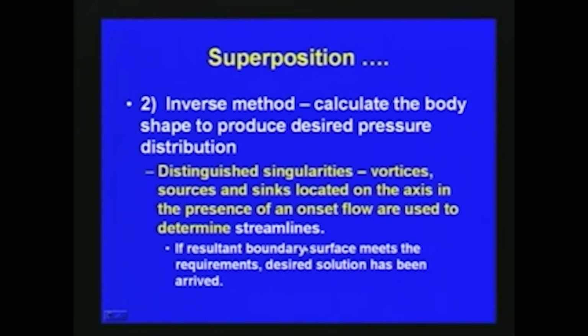With these methodologies, if the resultant boundary surface meets the requirements of the particular problem, then we say the desired solution has been arrived. So these are the two methodologies for superposition of elementary potential flows: the direct method and the inverse method. Mostly we will be using the direct method for the two or three complex flows which we will be discussing here.